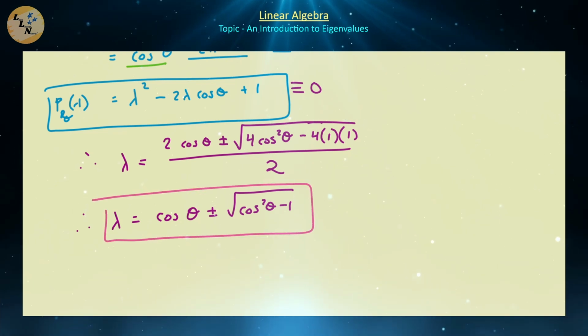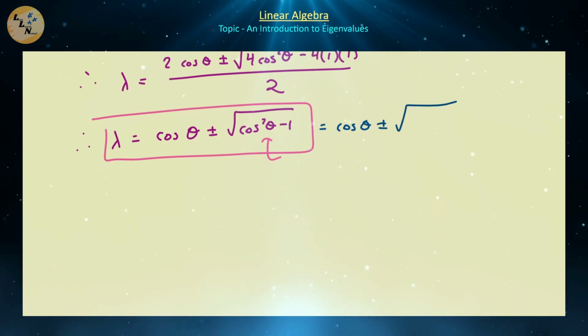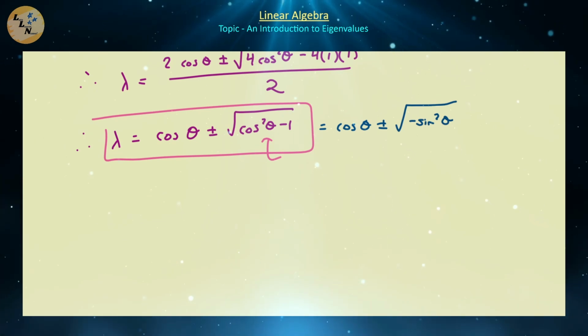And you can rewrite this discriminant underneath the radical using some other identities. If you know it, you can, for example, rewrite this as cosine theta plus or minus the square root of minus sine squared theta, if that makes you feel any better. But nonetheless, if sine squared is a positive number, which it typically is, then that's going to result in a complex number.